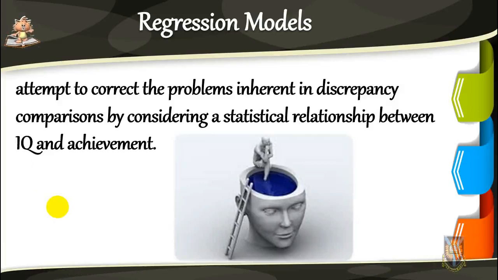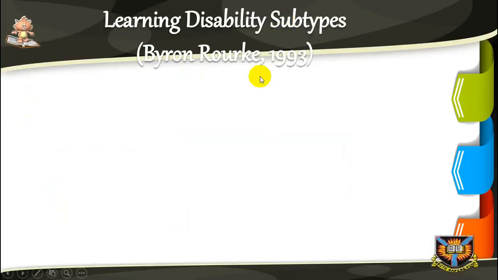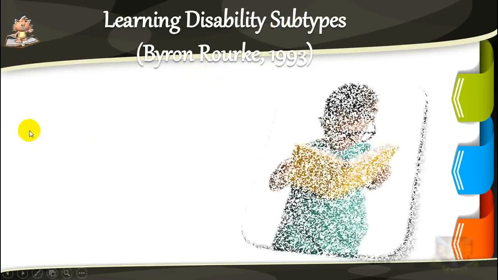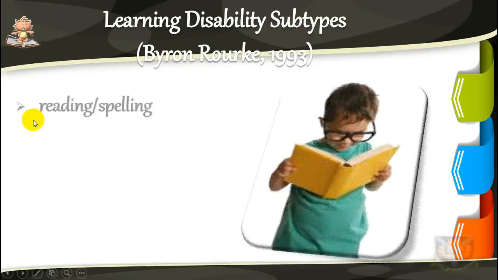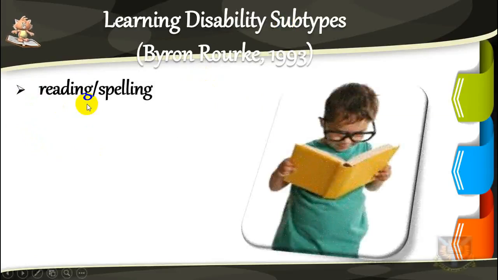Learning disabilities subtypes. There are many different subtypes of learning disabilities. Byron Rourke, writing in 1993, reported 3 major groupings: 1. Reading and spelling. 2. Arithmetic.